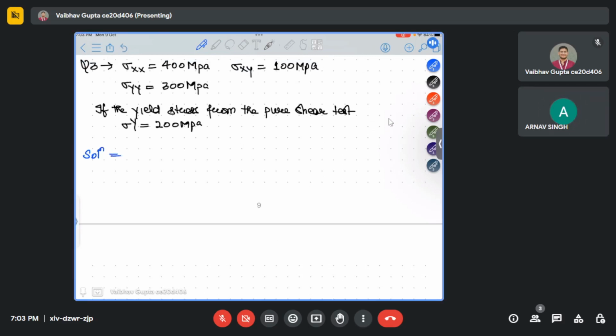What is the stress matrix for this case? Sigma xx is 400, sigma xy is 100, sigma yy is 300, rest are 0. This state of stress is known as plane state of stress.